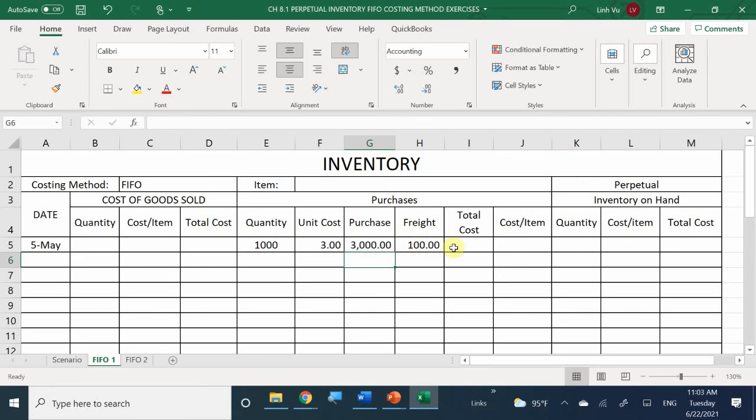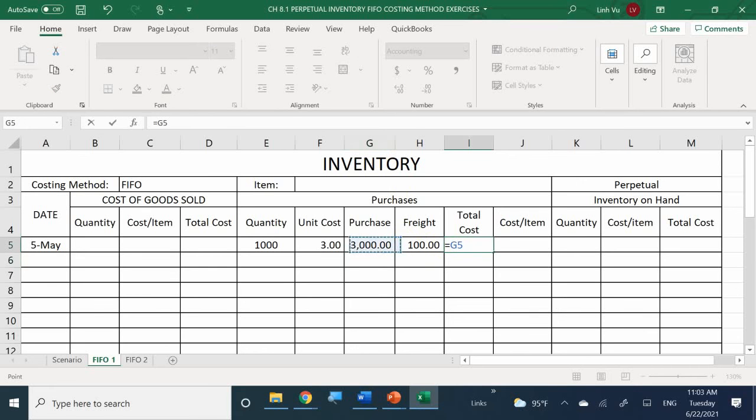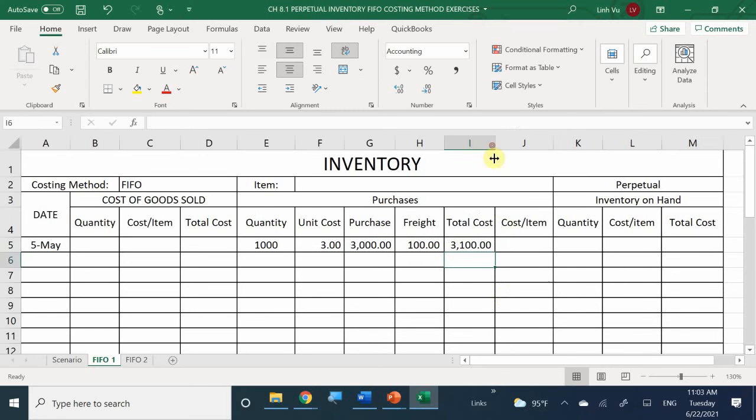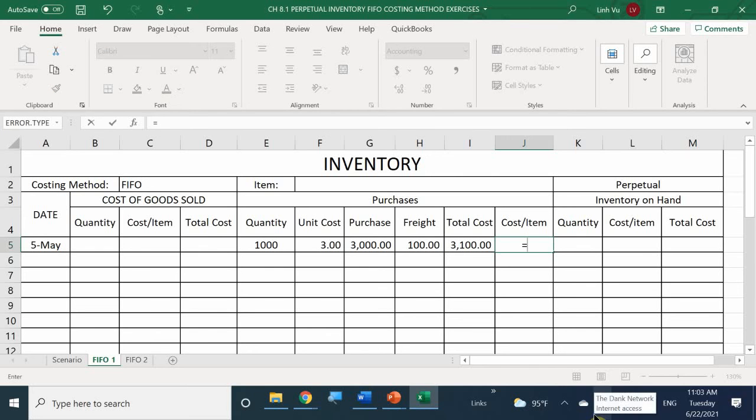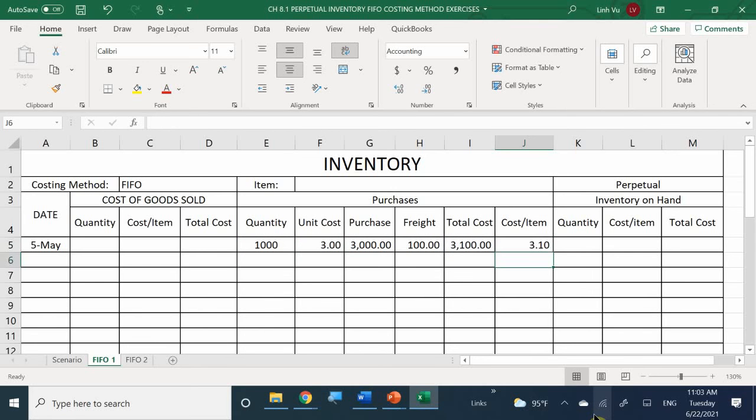All right, plus $100, my total cost is going to be $3,100. Okay, and then last but not least, what is going to be my cost per item? $3.10, right? I took my 3,100 and I divided it by my 1,000 items quantity, okay?